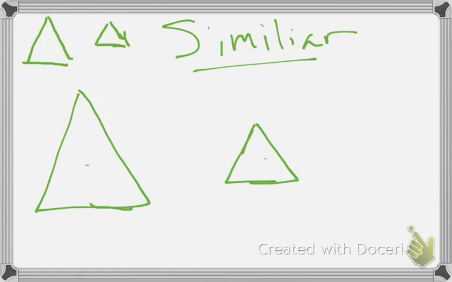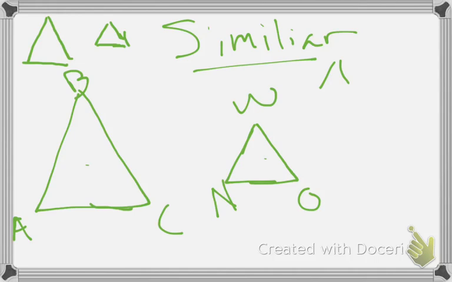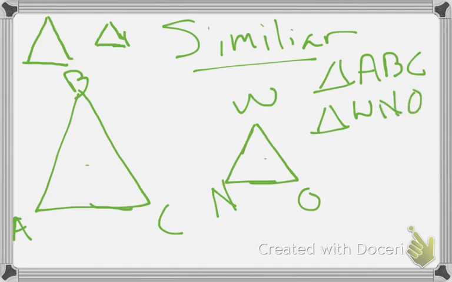So say this is A, B, C, and this is W, N, O. So we've got triangle ABC and triangle WNO are similar. So that's what it tells us.